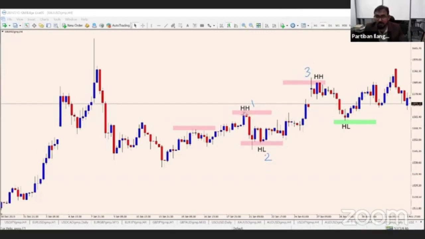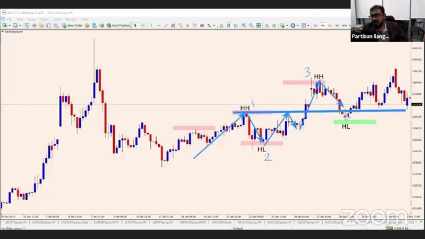What you can do is immediately put a line across that level and try to use the same sentence that I use. Market tried to penetrate, failed. Penetrated. This is a very good price because this is the retest area.